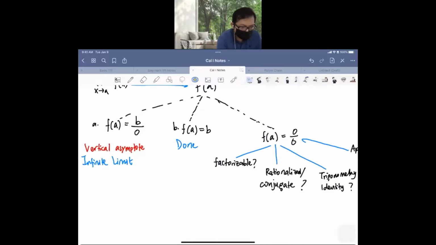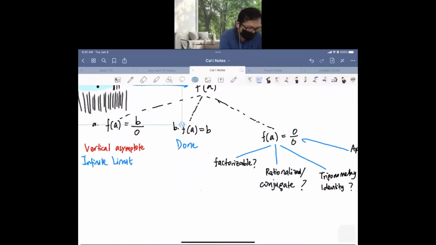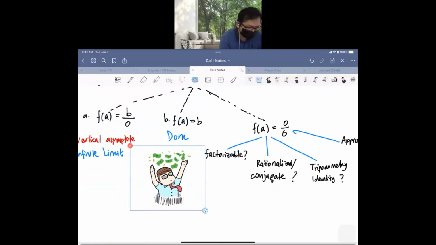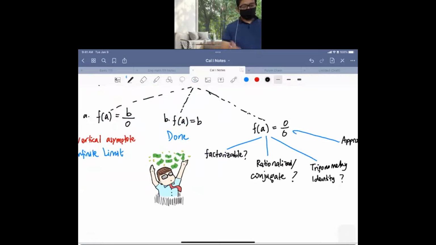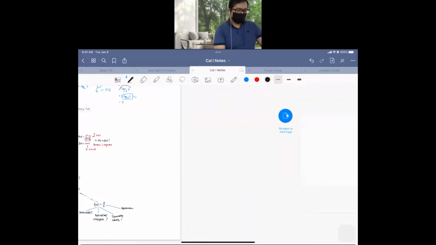Maybe let me add stickers. Okay, so hopefully all is at least factor, rationalize, trigonometry. I think we can check some examples of how to get through our limit problems. Let me move to the next page.